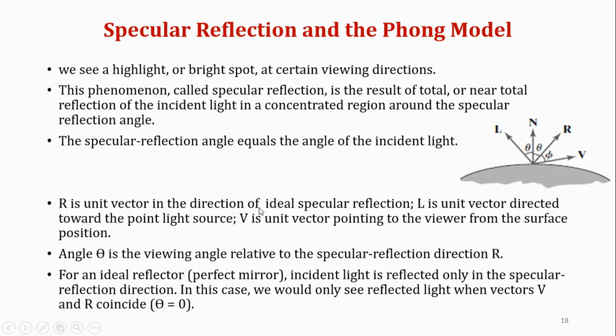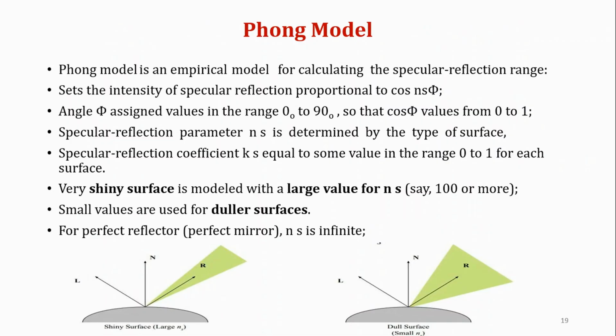R is the specular reflection, L is the vector pointing toward the light source, V is the direction to the viewer, theta is the viewing angle, and R is the reflection direction. For an ideal reflector, the incident light is reflected only as specular reflection. In this case, we would see reflected light when V and R coincide, which is theta equal to 0. So that is the Phong model.